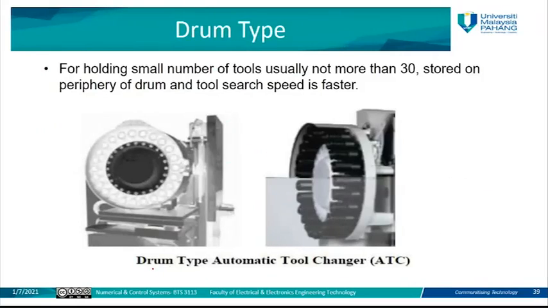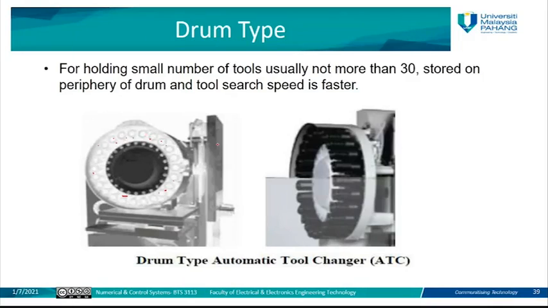This type we call the drum type automatic tool changer, or drum type ATC. As you can see here, it looks like a drum, and different tools are placed in their specific places inside the drum, and each tool has its own number.